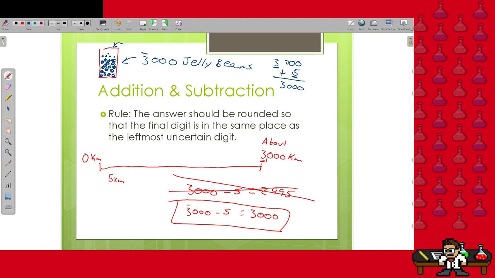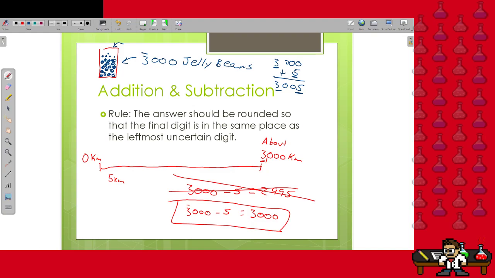If we think about this in terms of actual numbers, the mathematical approach, this turned out to be 3,005. Now if we take into account where our estimations took place, I rounded initially in the 3,000 number to the thousands place and rounded in this 5 number to the ones place.